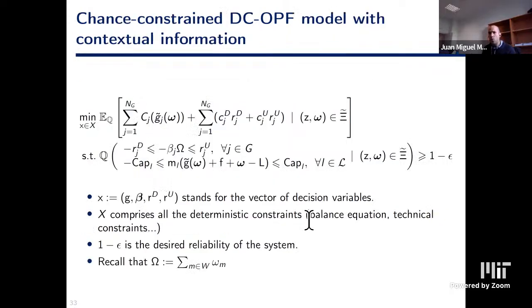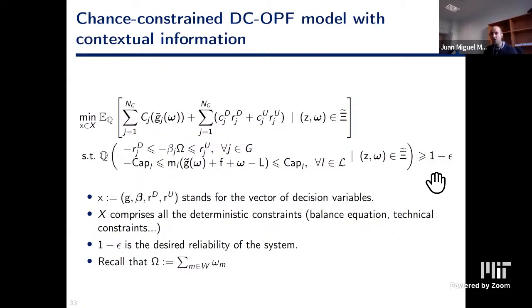So now we can formulate our optimal power flow, where we are going to use joint chance constraints. Here, X is the vector of decision variables comprising the generators' dispatch, the participation factors, and the provision of reserve capacity, upward and downward. Capital X again constitutes the set of deterministic constraints, such as the power balance equation and the generators' capacity limits. And finally, 1 minus epsilon is the desired reliability of the OPF solution that we want to get.